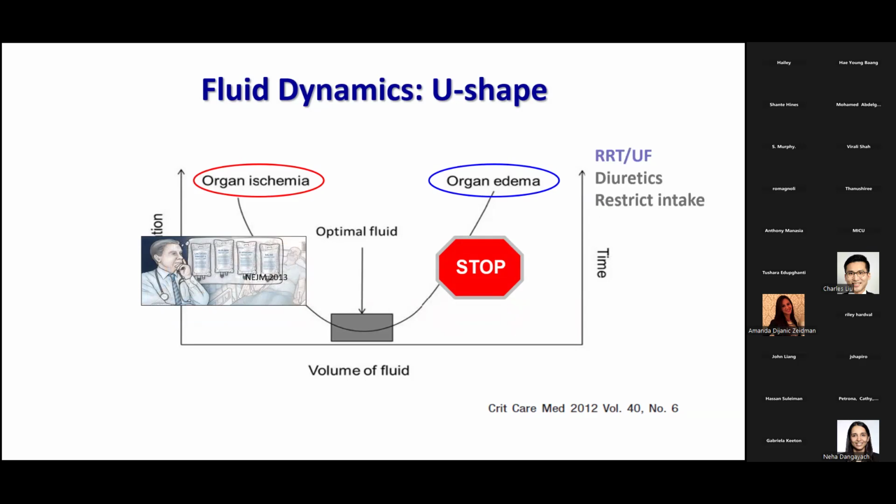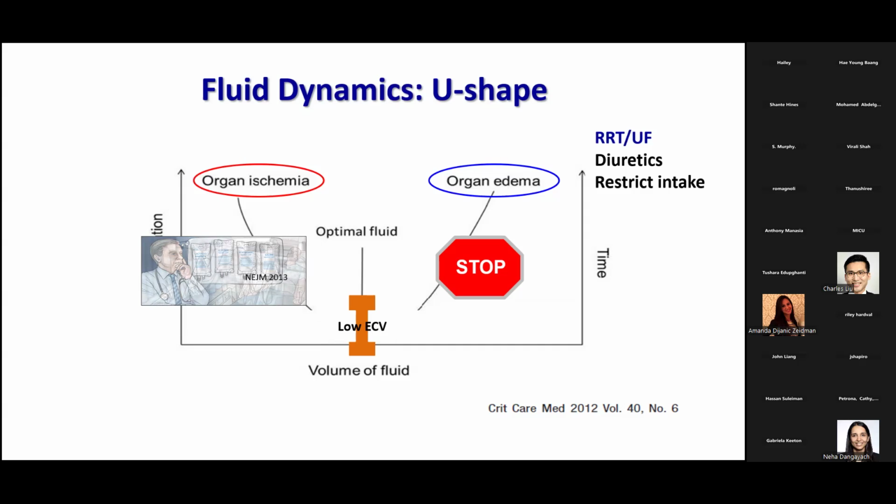When this is not working, we always have extracorporeal devices to remove fluid, including renal replacement therapies, CRRT, commonly used in the ICU. This gets complicated in patients that have low effective circulating volume, because we have a very narrow window to optimize fluid dynamics.